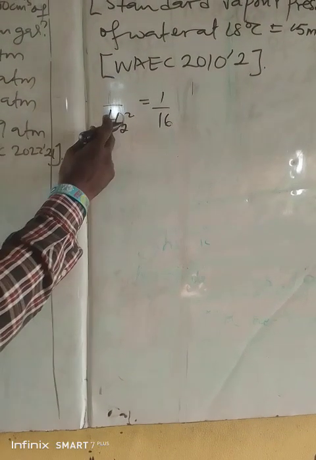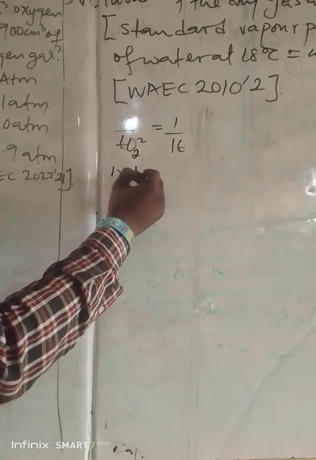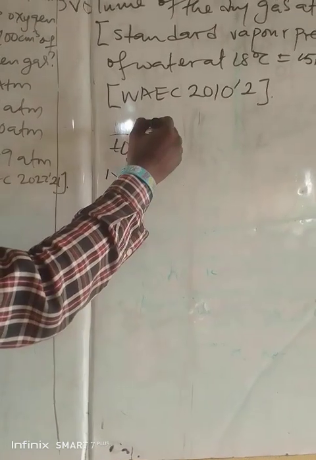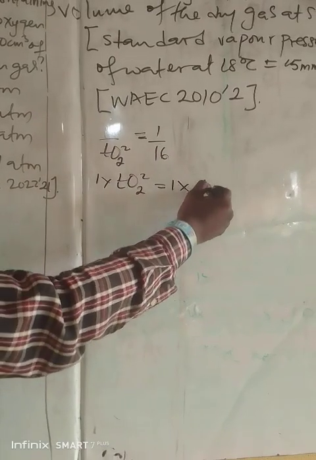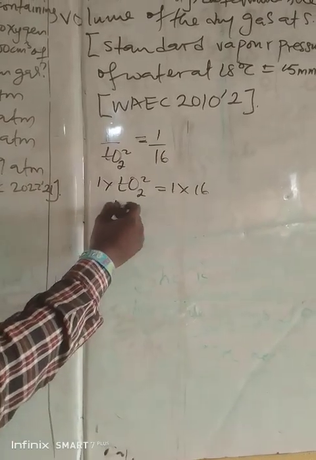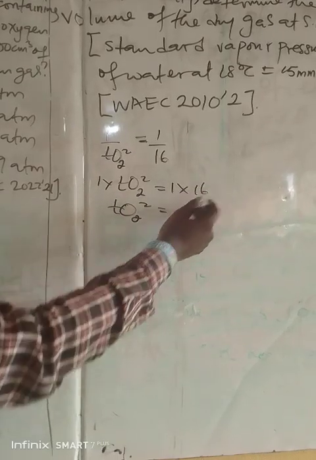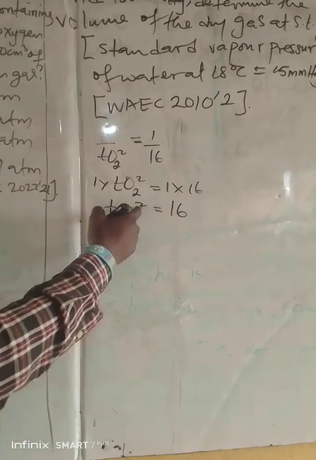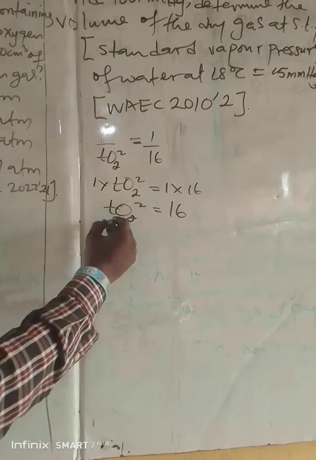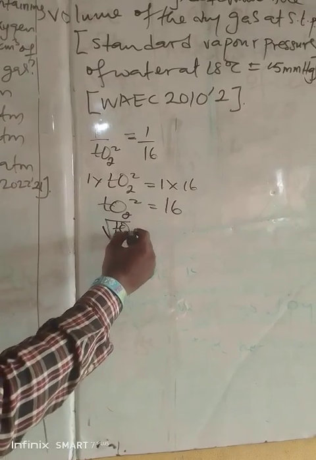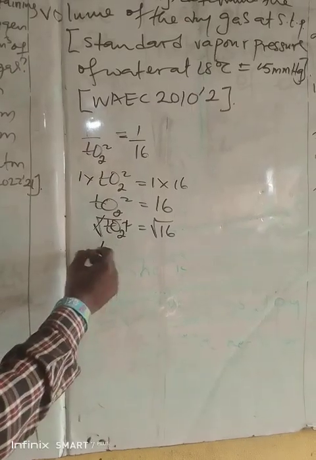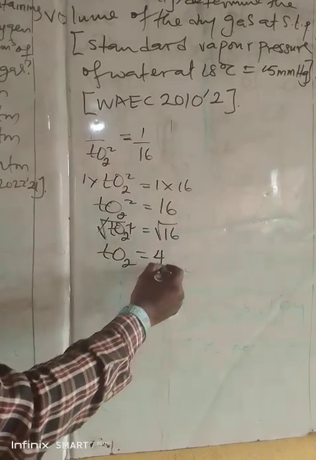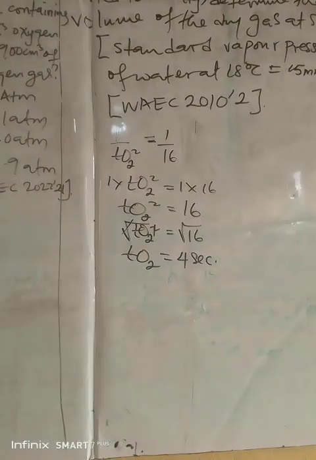Cross multiplying, 1 times TO2 squared equals 1 times 16. 1 times anything is that thing, so TO2 squared equals 16. To clear the square, we take the square root of both sides. TO2 squared cancels the square root, and TO2 equals the square root of 16, which is 4 seconds.